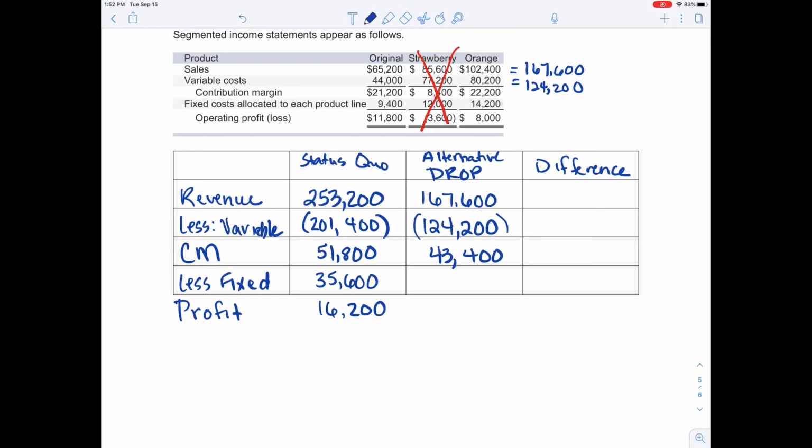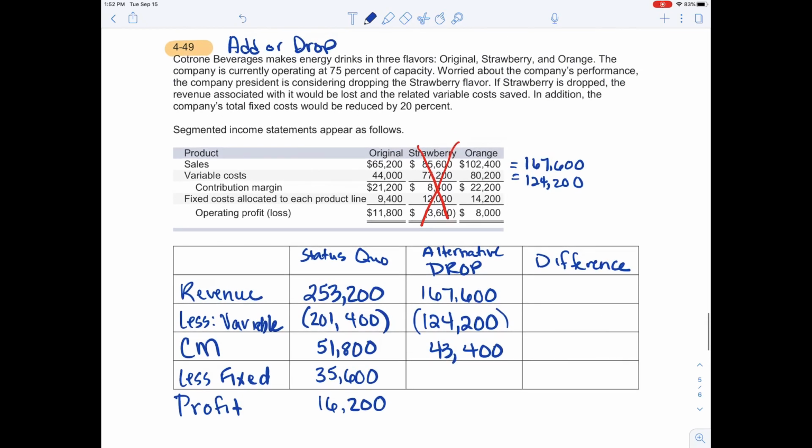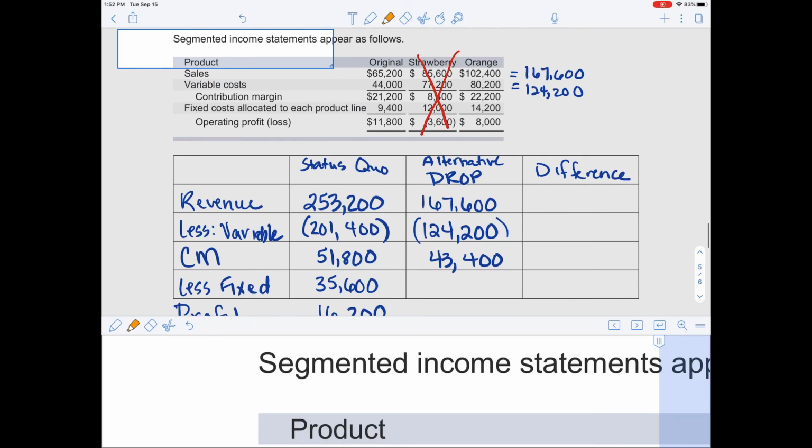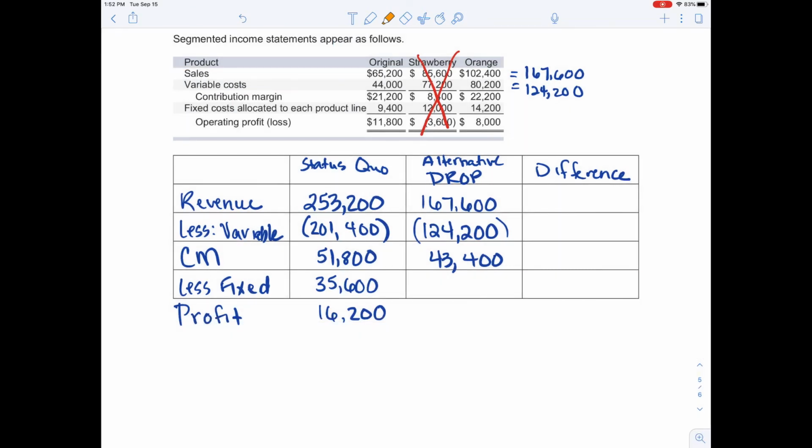Now those fixed costs kind of make a difference, because this is where that reading comes in. The company's total fixed costs would only be reduced by 20%. So to get to that fixed cost portion, I'm actually going to take that 35,600 and times that by 80%, because only 20% of those fixed costs are going to go away.